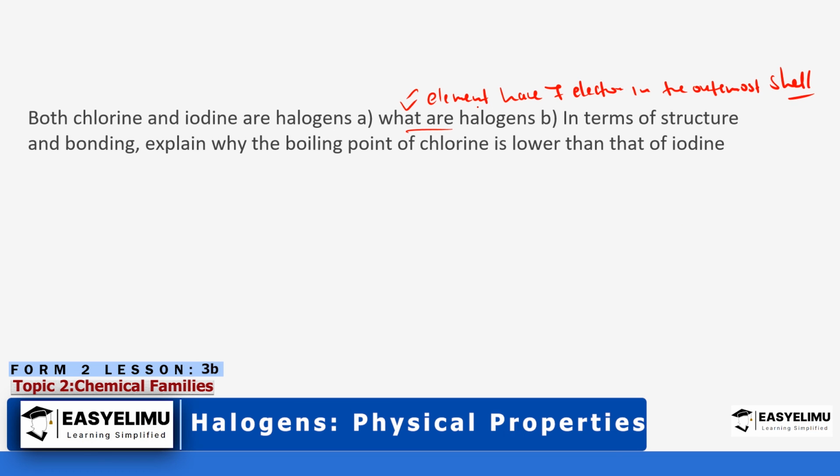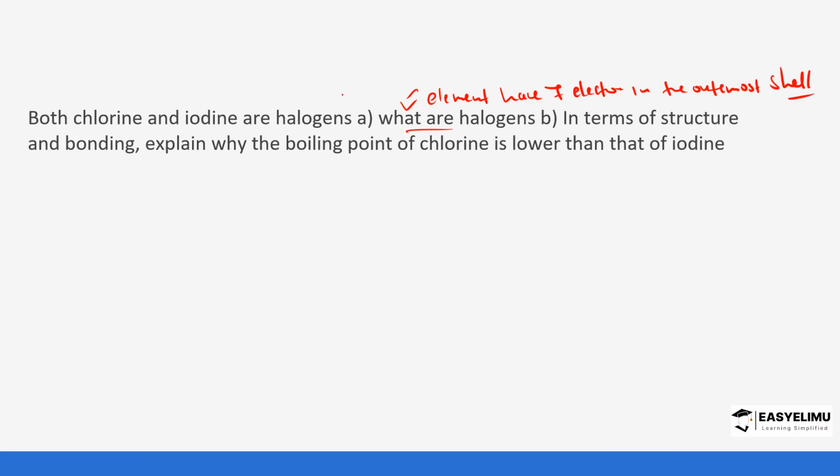And then in terms of structure and bonding, explain why the boiling point of chlorine is lower than that of iodine. Chlorine is a smaller atom, it has a smaller atomic radius than iodine, so it forms smaller molecules than iodine.